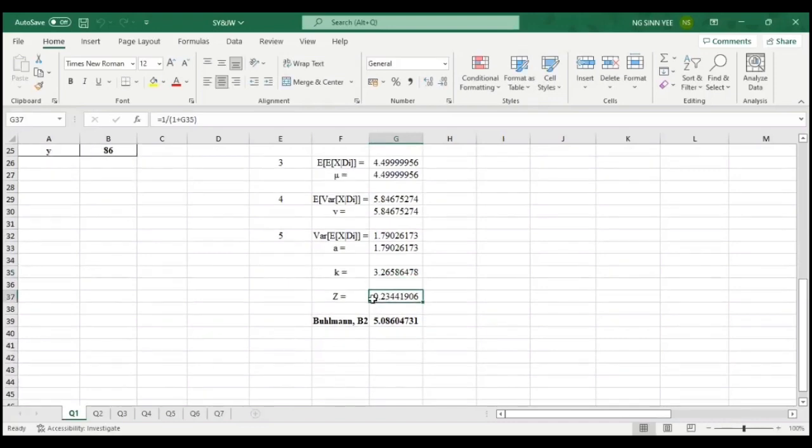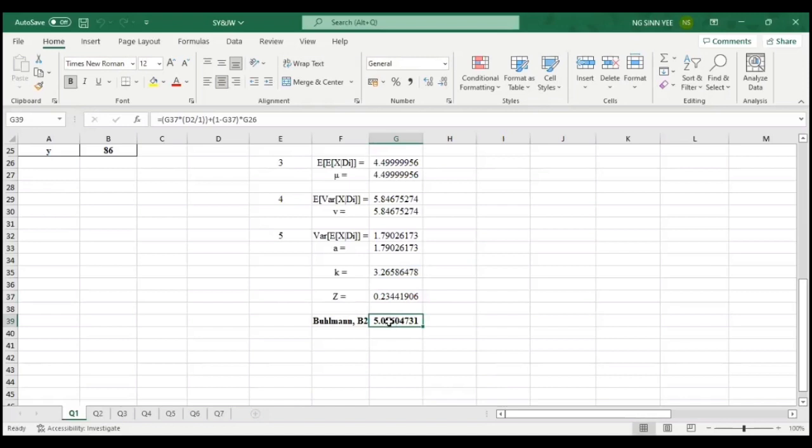And for z, the formula for z is actually very easy. It's just n divided by n plus k. So basically, n in this question is 1. So we just take 1 over 1 plus k, and we will be getting this z.